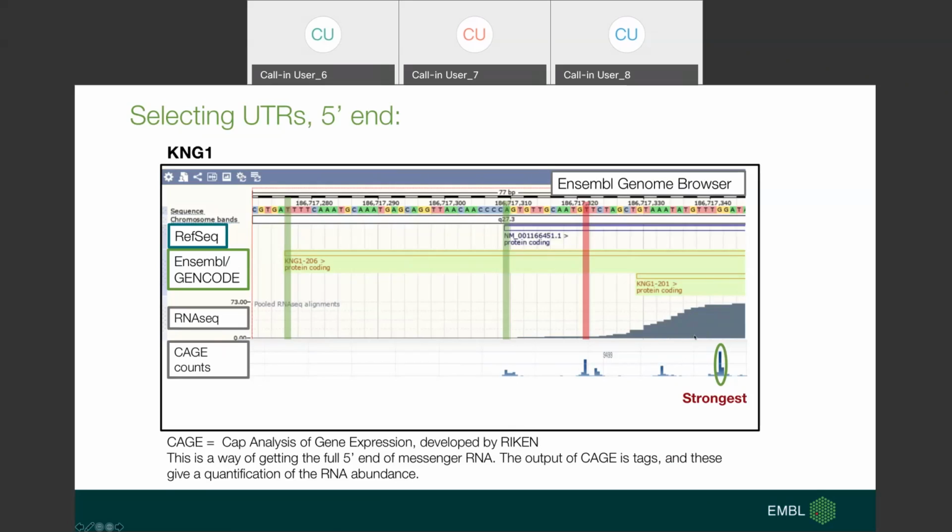So that length would not be representative of what's happening at that locus. But if you go for the longest, which would be the longest transcription start site, that, again, you can see by the RNA-seq data would not be representative of what's happening at the locus. So after several algorithms and trial and error, we came up with what we're calling the K, because we went from A through K to pick one.